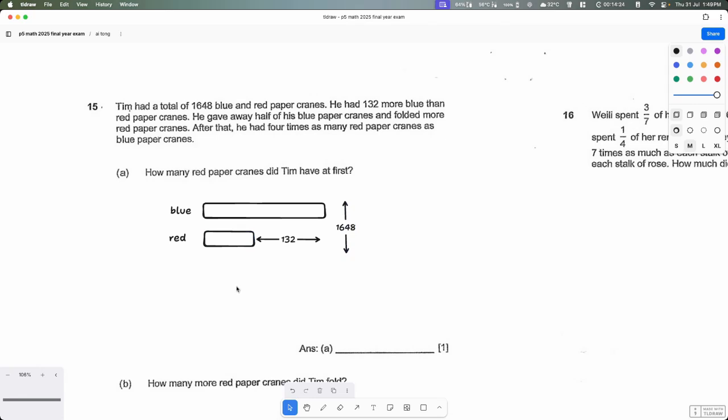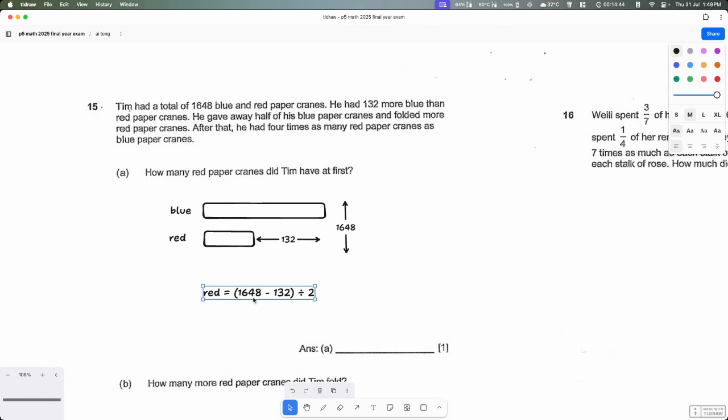So essentially, red is equal to 1648 minus 132, and then we divide by 2. This will give us the answer.